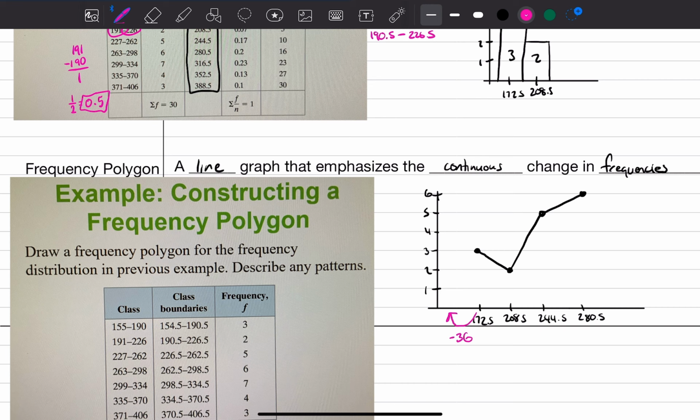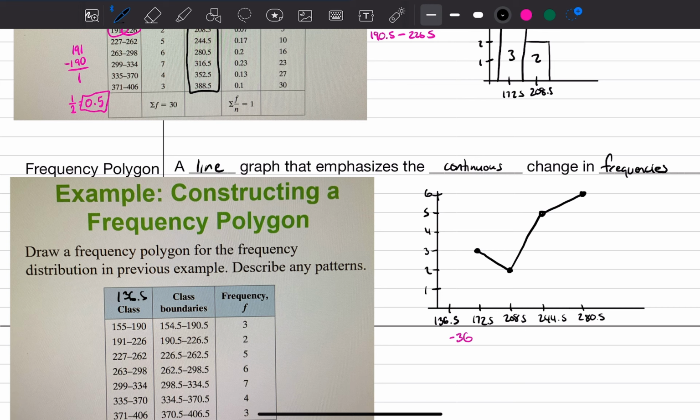And it's not going to have any data, so we're going to go ahead and go 172.5 minus 36. And we're going to get 136.5.